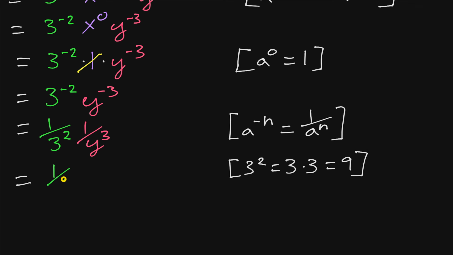So all we're going to get is 1 over 9 times 1 over y cubed, and that is almost our final answer, except the final thing we have to do is combine this into one fraction. In order to do this, all you have to do is multiply the numerators and multiply the denominators. So the numerator is going to be 1, over the denominator, 9 times y cubed, 9y cubed. And that's your final answer.